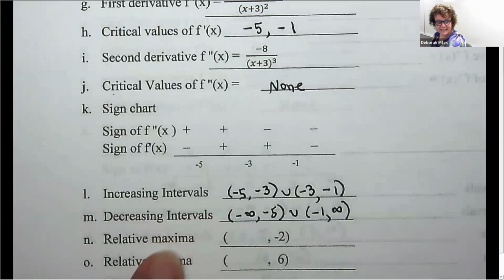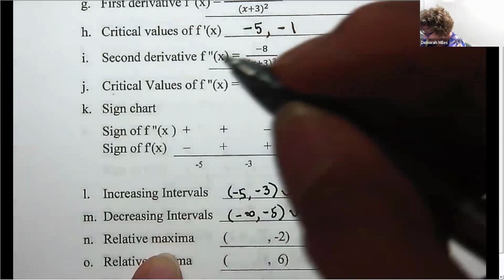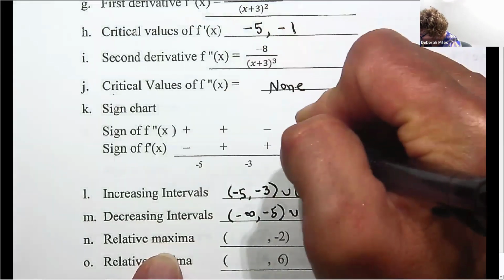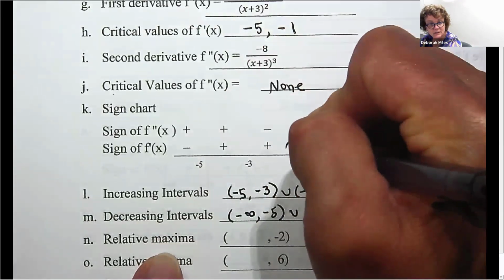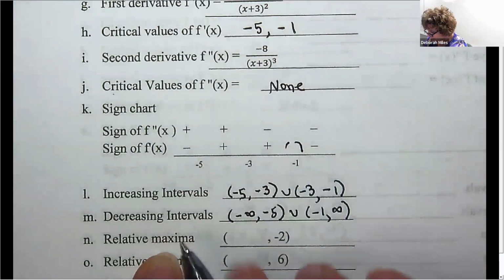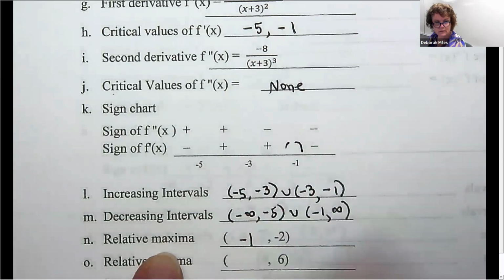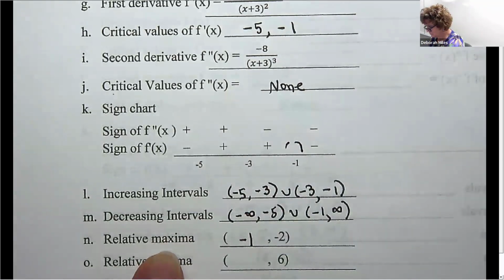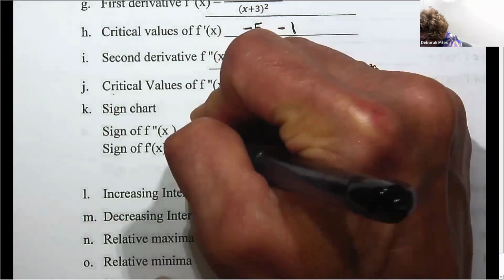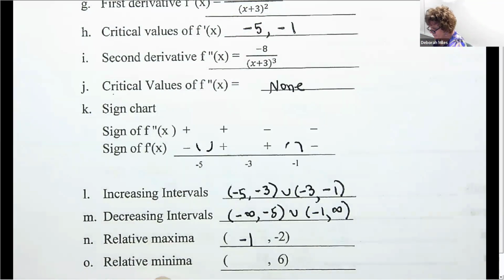The function has a relative max wherever the function goes from increasing to decreasing, and that happened at -1. So the relative max is -1, -2. And there's a relative min wherever the function went from decreasing to increasing.